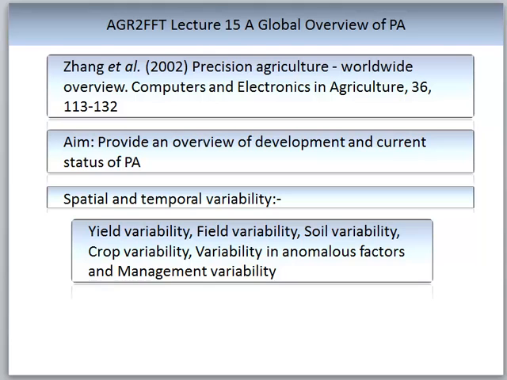These included aspects of yield variability, field variability, soil variability, crop variability, variability in anomalous factors, and management variability. These 6 key components drive the need for both spatial and temporal variability in PA.